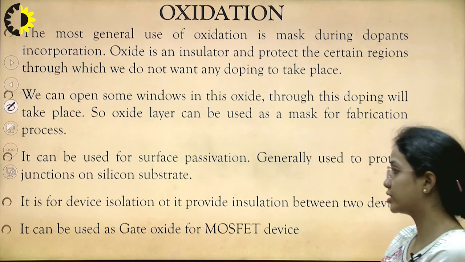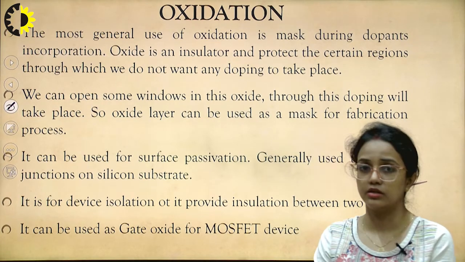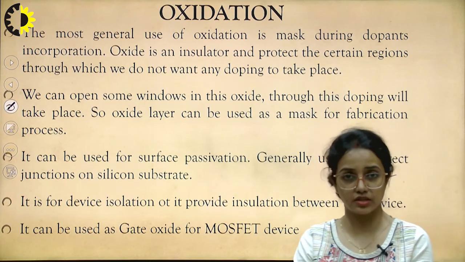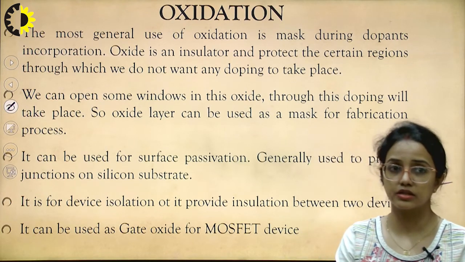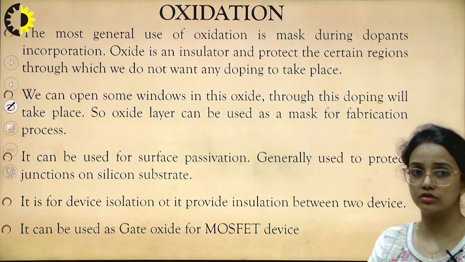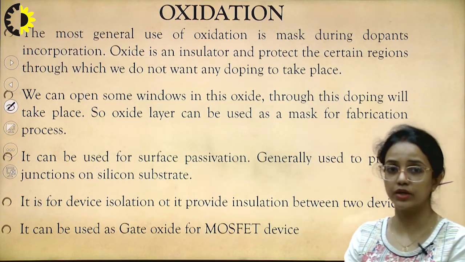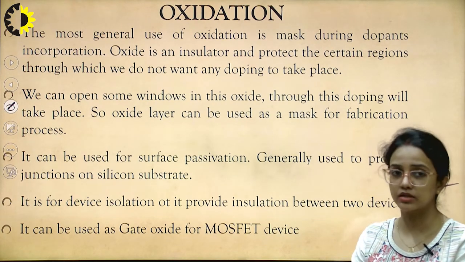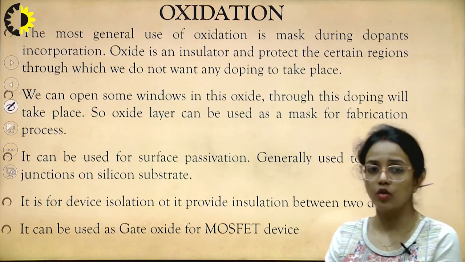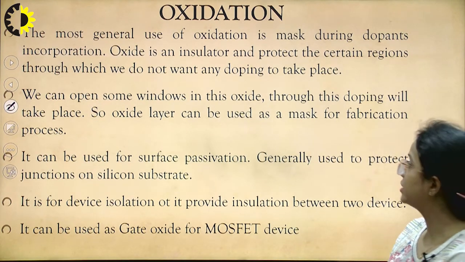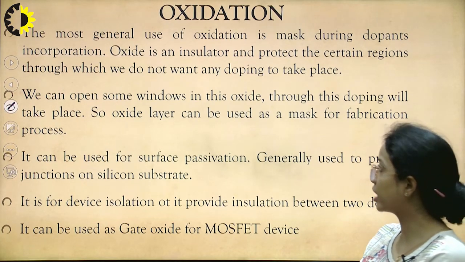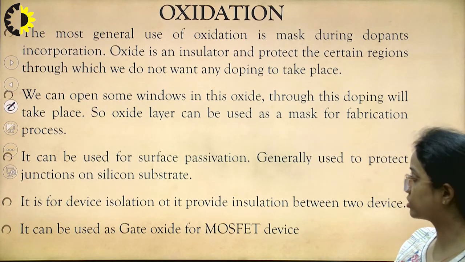In general, oxide is an insulator and protects certain regions where we do not want any doping to take place. So how oxidation will help us, we will study. We can open some windows in the oxide through which doping will take place. So the oxide layer can be used as a mask for the fabrication process.